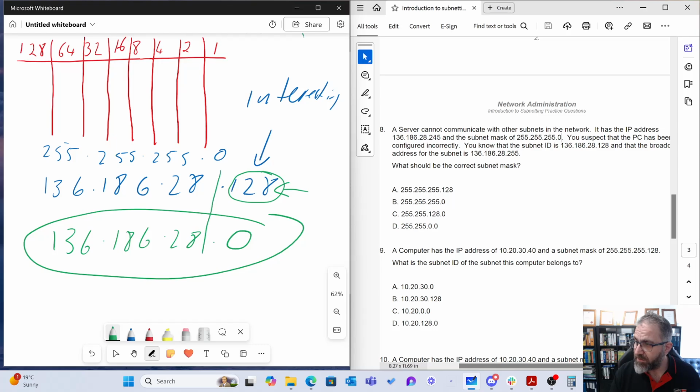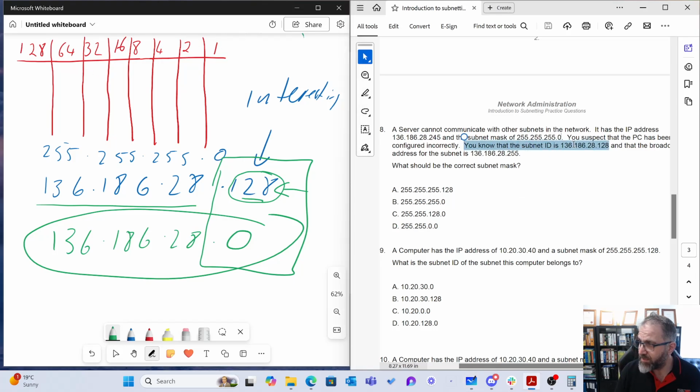So the last octet is the interesting one. The first 3 octets, we're fine. We're good with this. But this one is not consistent. We've been told that is the correct subnet ID, because it says you know that the sub ID is 128 at the end there. And we know the broadcast is 255. But we've got it as 0, because it has to be 0 if it's that subnet ID.